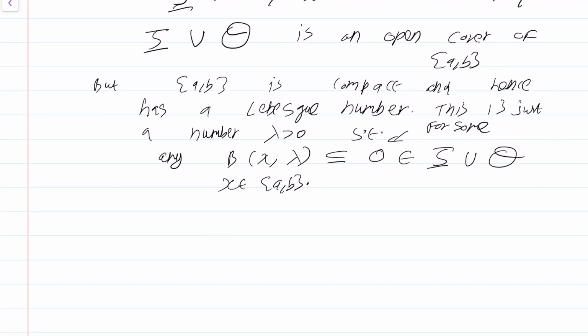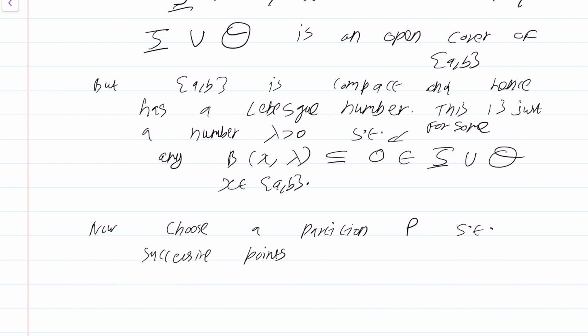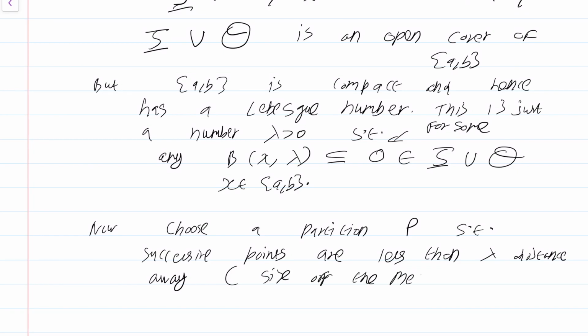Okay, now here comes the crux. Now choose a partition P such that successive points are less than lambda distance away. This is called the size or the mesh of the partition. That is the largest of the successive distances determined by the partition.